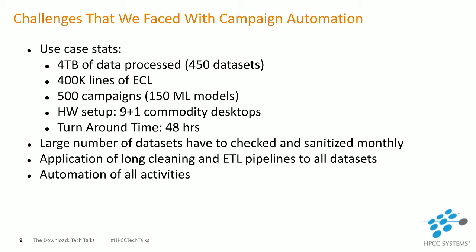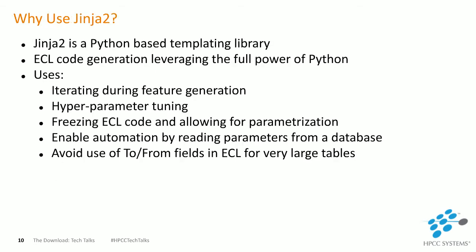One of the primary reasons for using Jinja is that it's a Python library, and it's been in development for quite some time. It's fairly stable, and using Jinja as a base, you can then leverage the full power of Python.